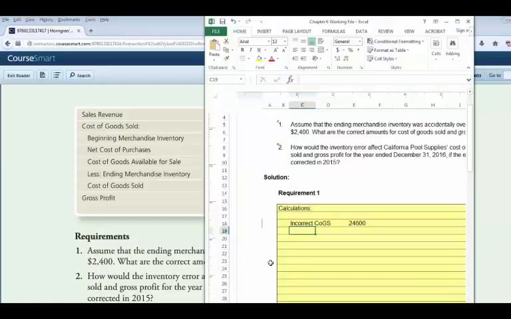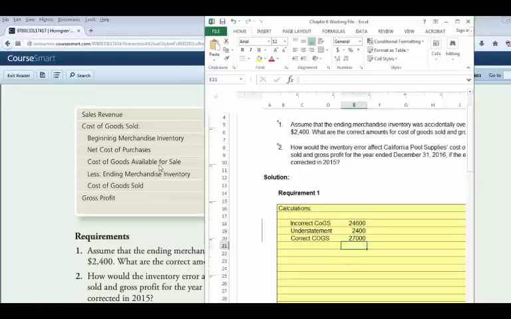So that means our cost of goods sold is understated. So our understatement is $2,400. So our correct cost of goods sold is adding those together. We're going to take $24,600 plus $2,400. So our correct cost of goods sold is $27,000.